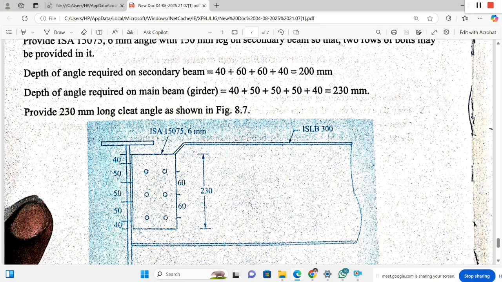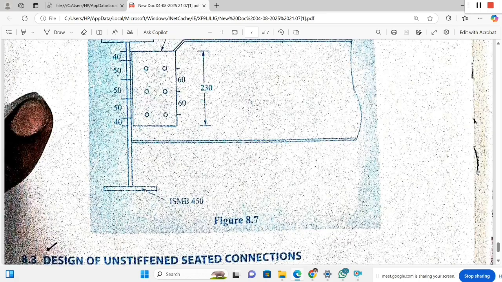It requires 6 bolts, arranged like this. And for this, it requires 8 bolts, connecting the cleat angle to the main beam. 8 bolts means 4 bolts on one side and the other 4 bolts on the other side. That is the back side of this secondary beam. So this is the arrangement of the bolted connection.